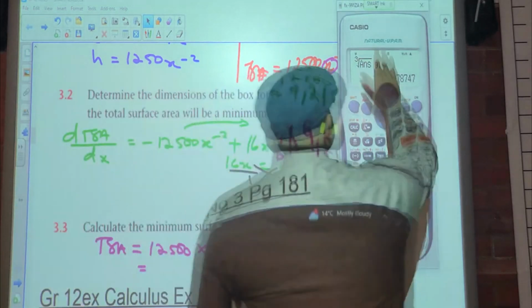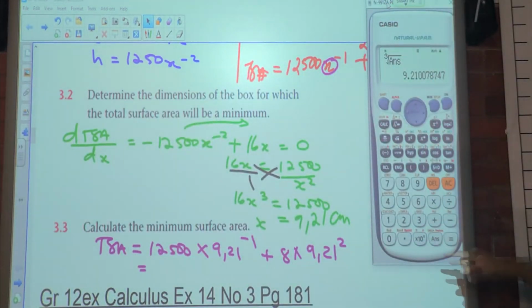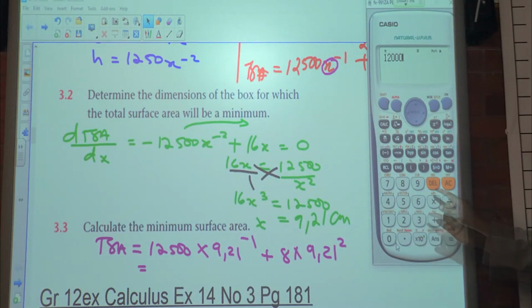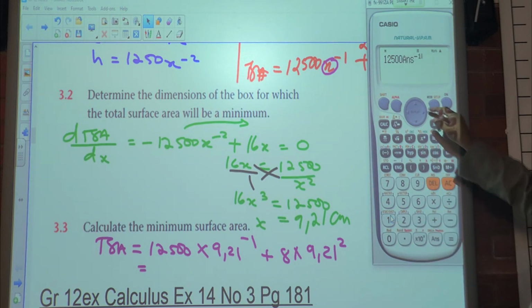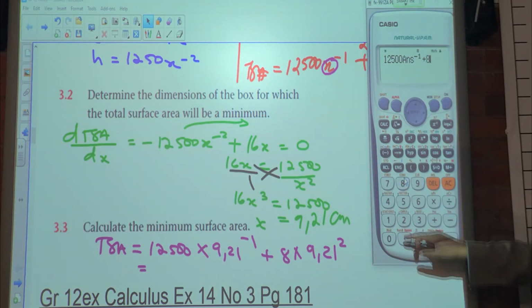Alright, so it's going to be 12,500 answer to the negative 1 plus 8 times answer squared.